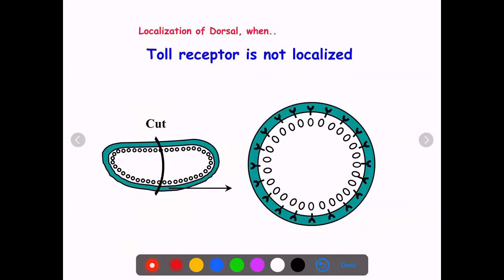Okay, so if the Toll receptor is not localized, it means that it's not active. Then you take the perivitelline space. From that, they took the perivitelline fluid and injected it into a recipient.